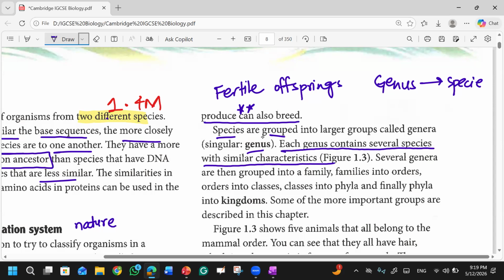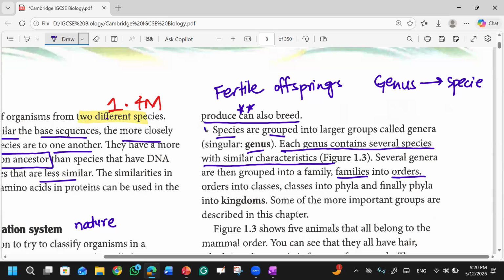What happens after that? Then it goes from the genus into a group, into a family. After genus you have family. Then from families it goes to orders. Then after family you have order.